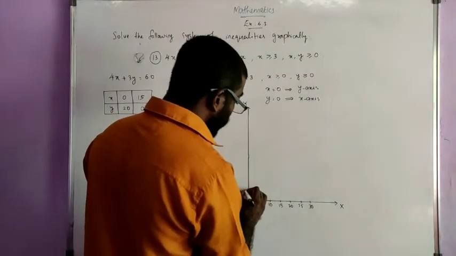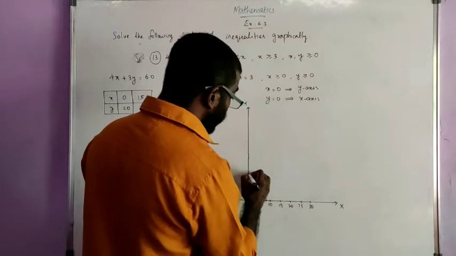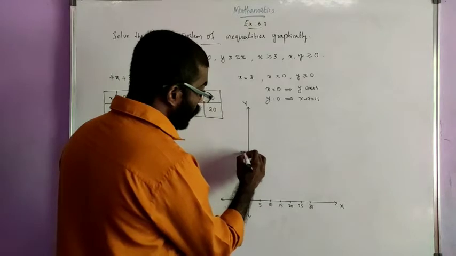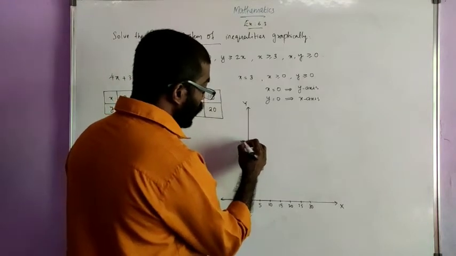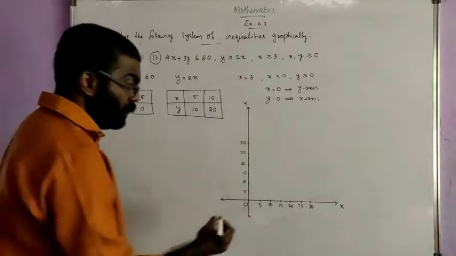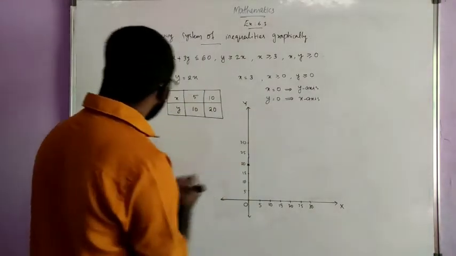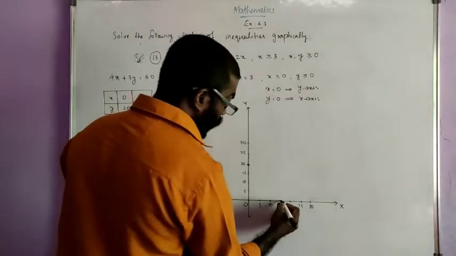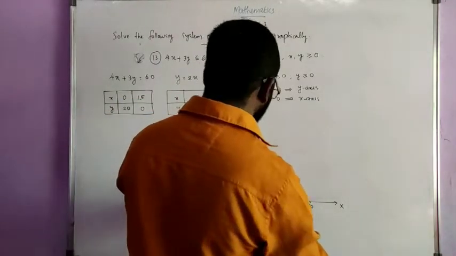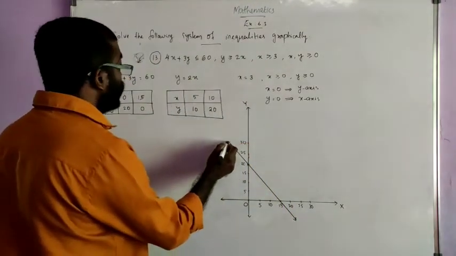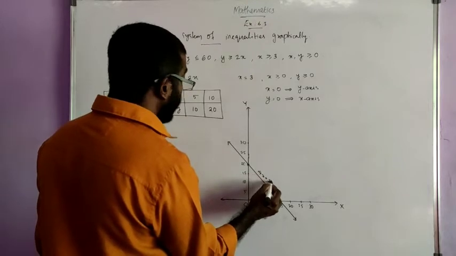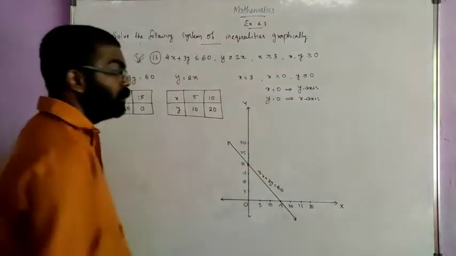Here also we can mark 5, 10, 15, 20, 25 and 30. 0, 20 here. 15, 0 here. And we can join them. So here we can write 4x plus 3y is equal to 60.